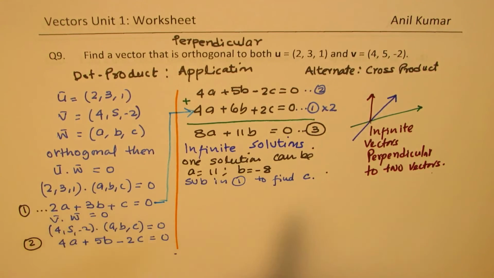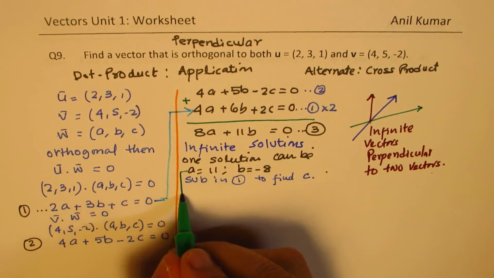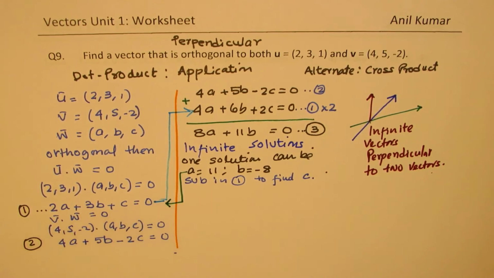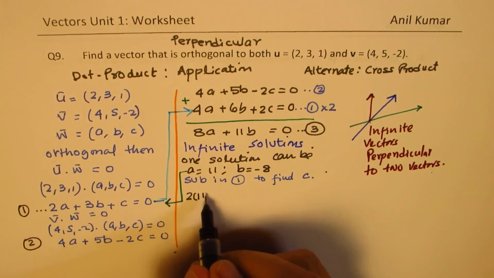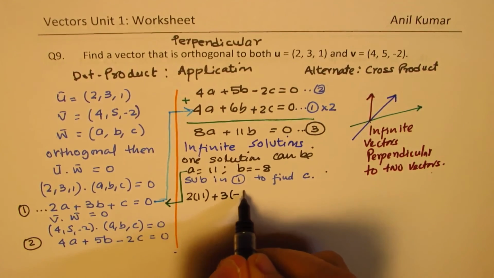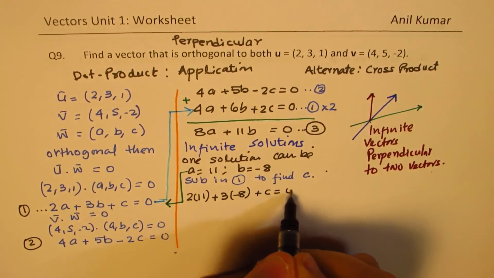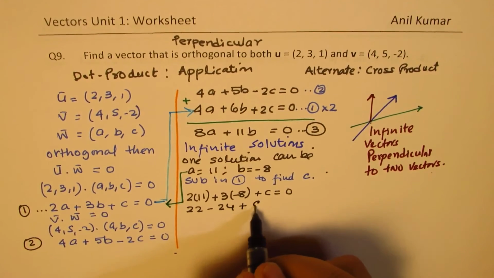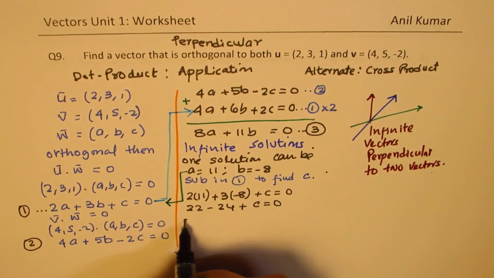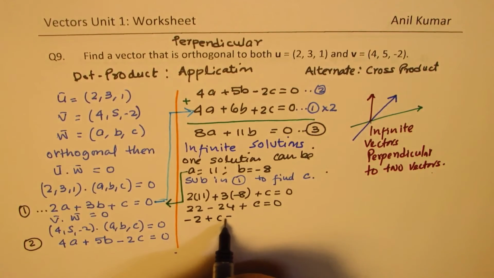So this is equation 1, right? So we are now actually substituting these values back in our equation 1 to find c. Clear? So we get 2 times a, which is 11, plus 3 times minus 8, plus c equals 0. So that is 22 minus 24 plus c equals 0. And this is minus 2 plus c equals 0.